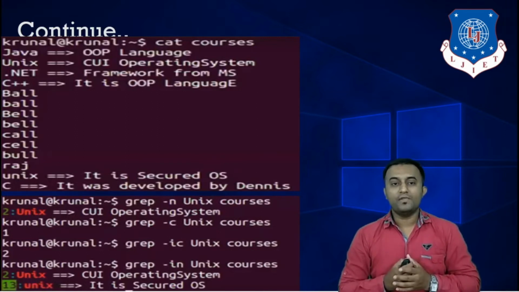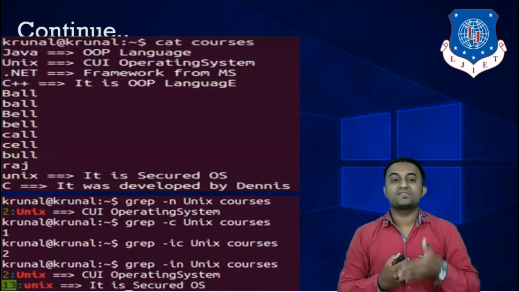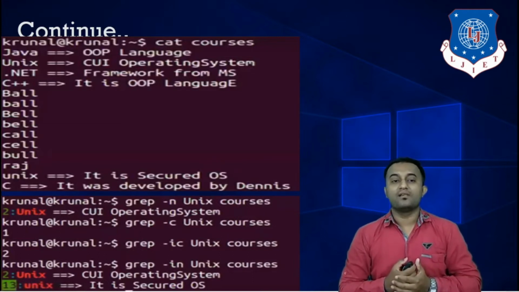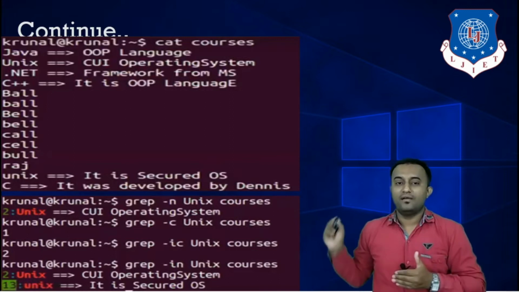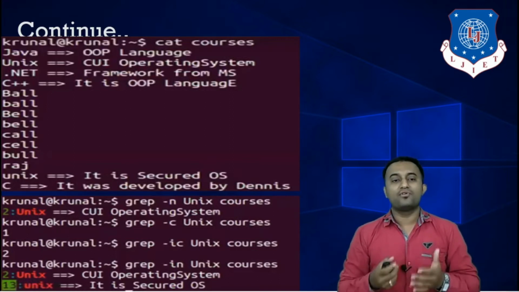Now the next option is grep -in, which means we ignore case as well as display the line number. You can see at the bottom of the snapshot we have two rows.